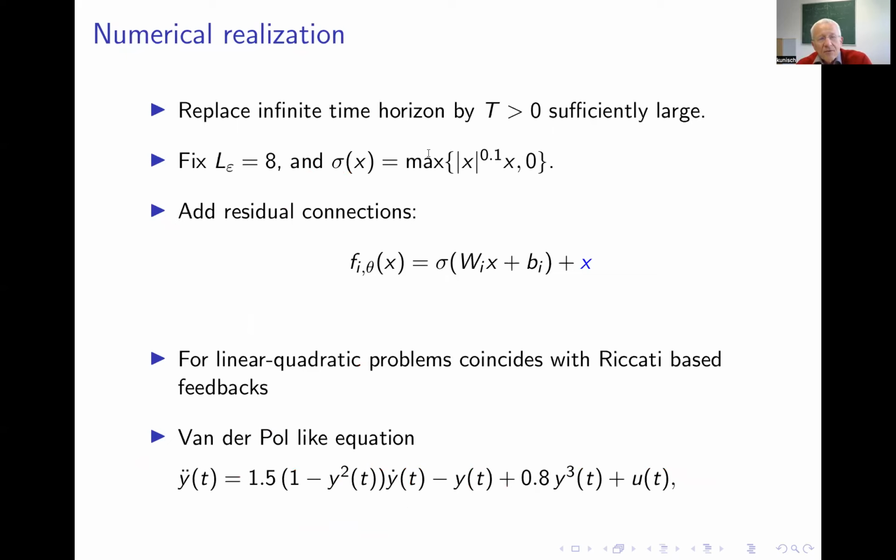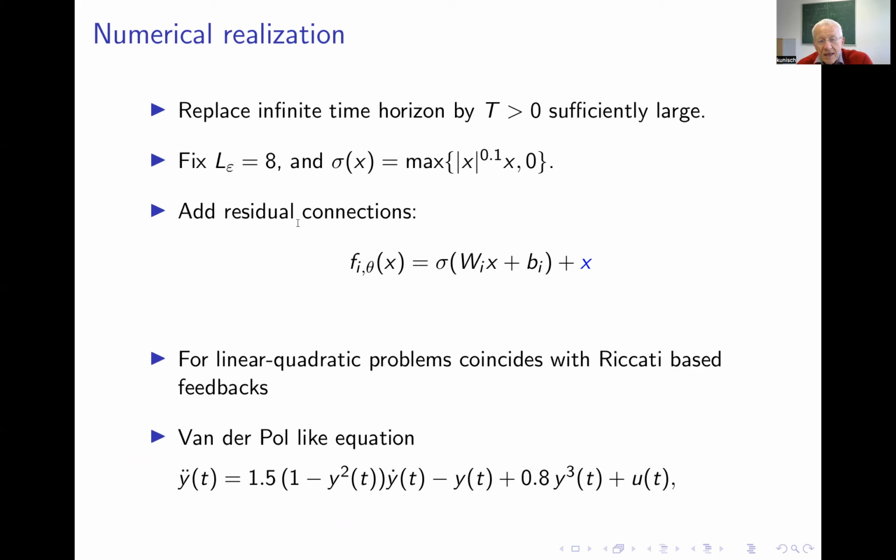Again, I cannot work on the whole time interval 0 to infinity. Our infinity is a time t sufficiently large. I use 8 layers in the neural network. Many times the activation function is just the ReLU function, max(0, x). We smoothed it.